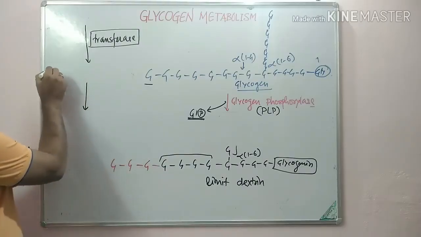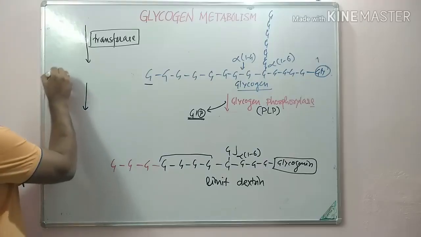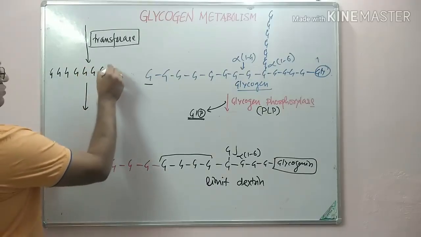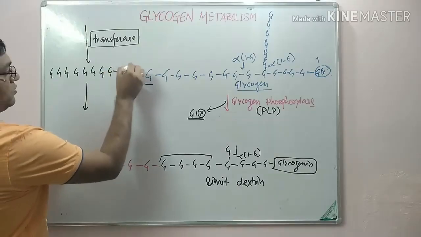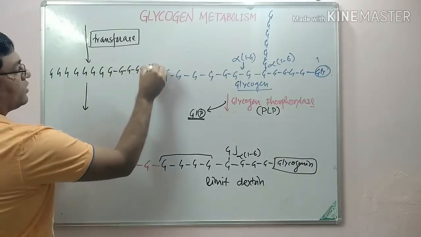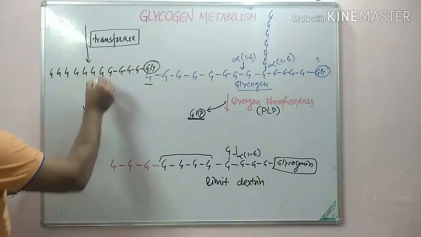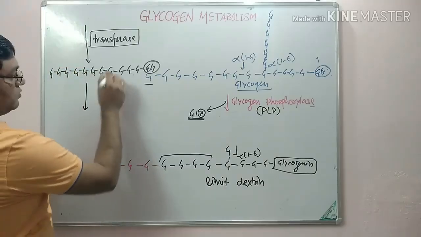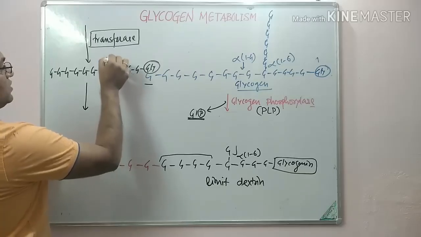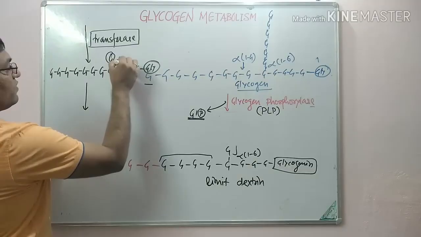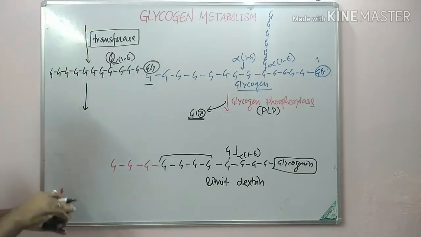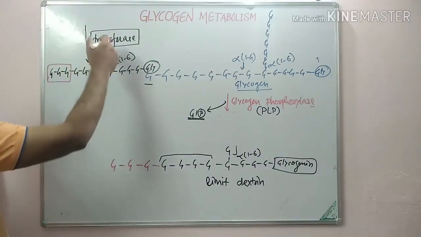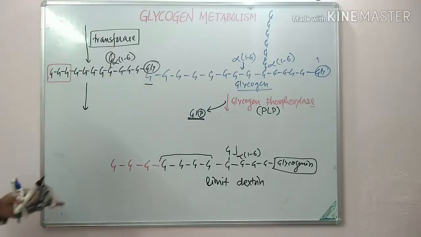This is the glycogenin. Now this is a linear chain. Here is the branching point. This is the alpha-1,6 glycosidic linkage. This one is the trisaccharide unit which gets transferred from this branching point to the linear chain.